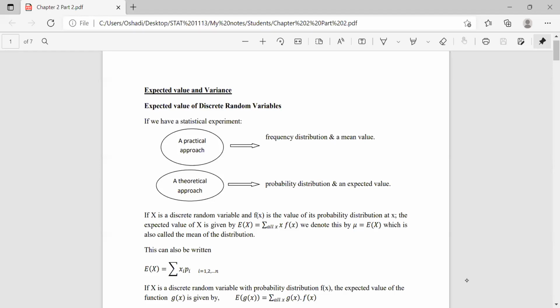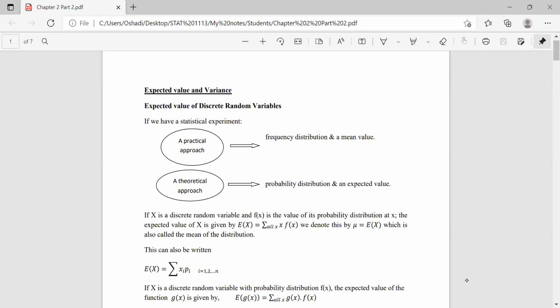But without doing the experiment practically, we can obtain a theoretical approach. For a fair die, we know it has an equal chance of obtaining any value from 1 to 6. So there is a theoretical probability for each and every number from 1 to 6.